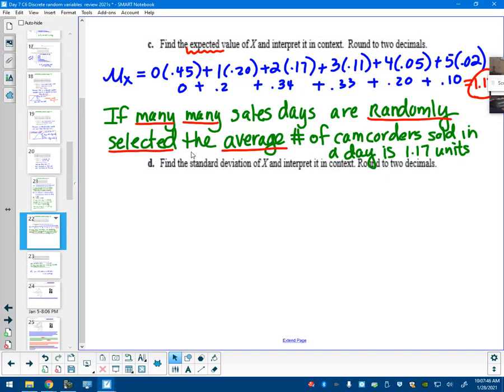So, standard deviation is how much I deviate from that mean of 1.17, and what does the word deviate mean mathematically speaking? Add, subtract, multiply, divide. What does deviate mean? Yeah, subtract.